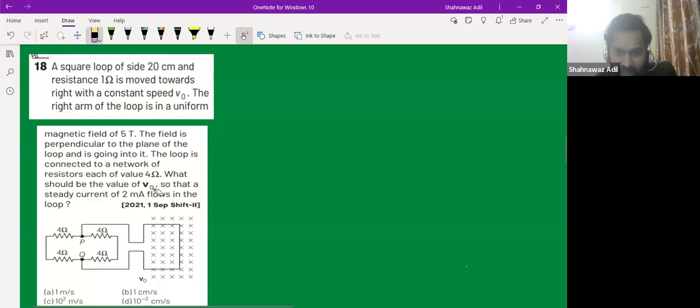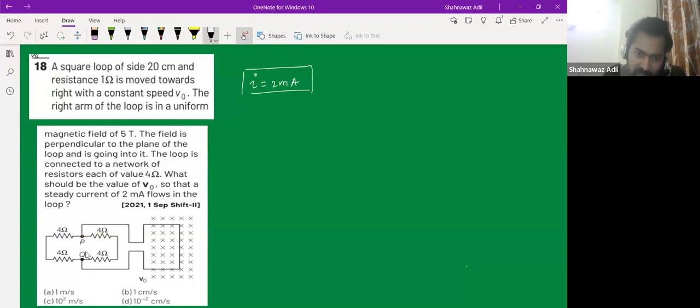So we have to move this V naught in such a way that we have a steady current of 2 milliampere. So current is given, which is 2 milliampere, and the resistance of this circuit is also given. So we can find out what is the EMF which would be created in this, right? So let's find out the effective resistance.